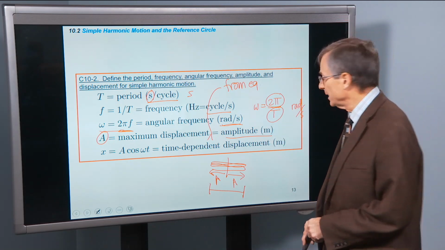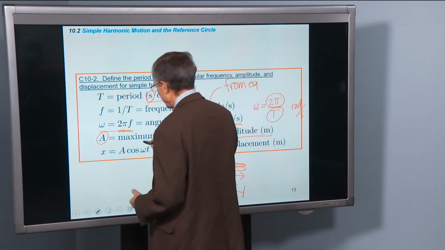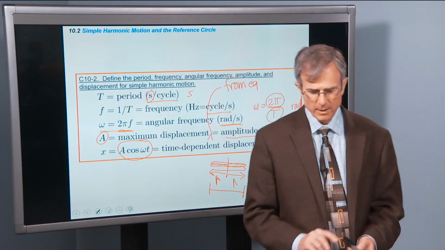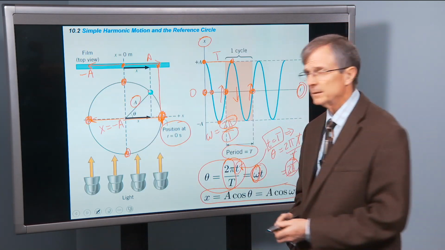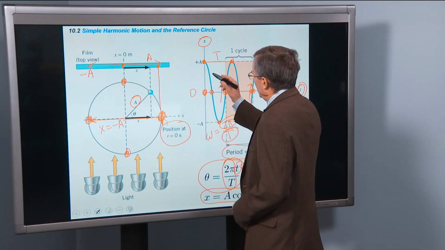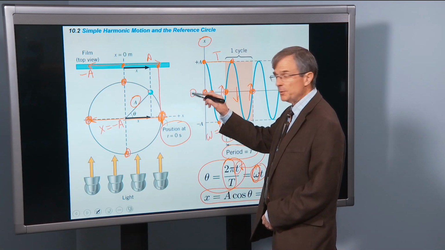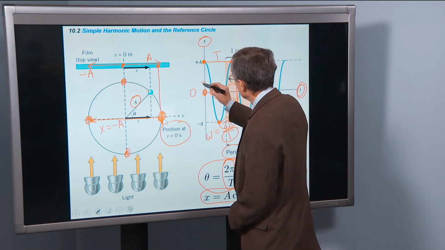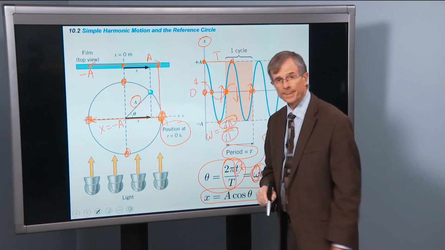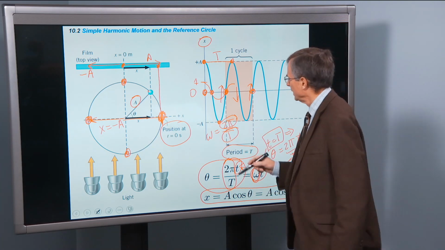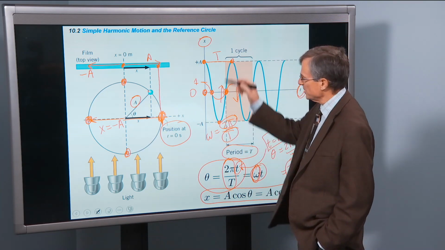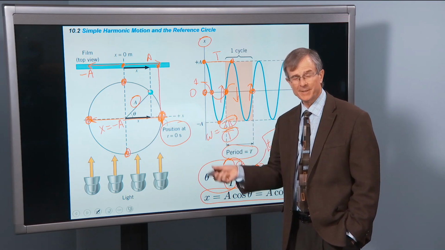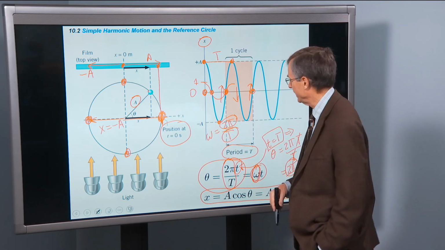And then the time-dependent displacement is what we wrote down in the last slide, a cosine omega t. The reason we have an a there is that the cosine function normally goes between 1 and minus 1. Right? That says 1 if you can't read it. But this guy is oscillating between a maximum displacement of a and minus a.